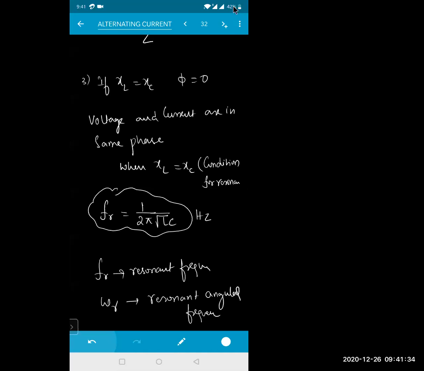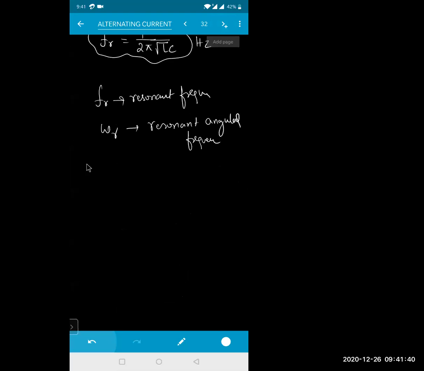Okay, that means in series resonance, the impedance of a circuit is minimum and equal to R. Z is equal to R, part of the relation. So I can write that point also here. In series resonance, XL is equal to XC, so impedance Z is equal to R and current is maximum.